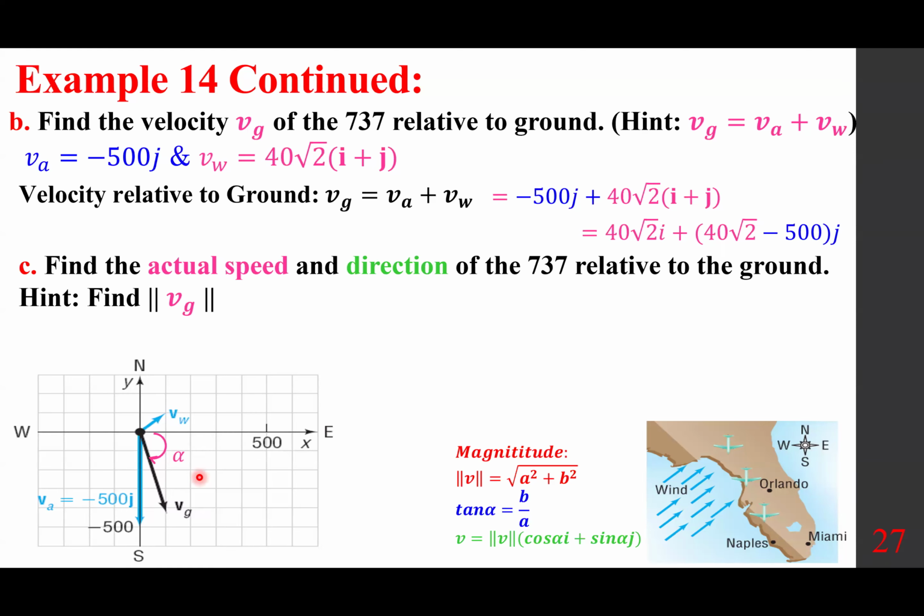Then we want to find the velocity relative to the ground. We add them up because those are vectors. And then how do you find the magnitude? You use this formula. How do you find the angle? You use this formula. And then they're asking for the actual speed, and they are asking what is the direction. We know it's south, east, and in between is this angle. And we found that. All right.